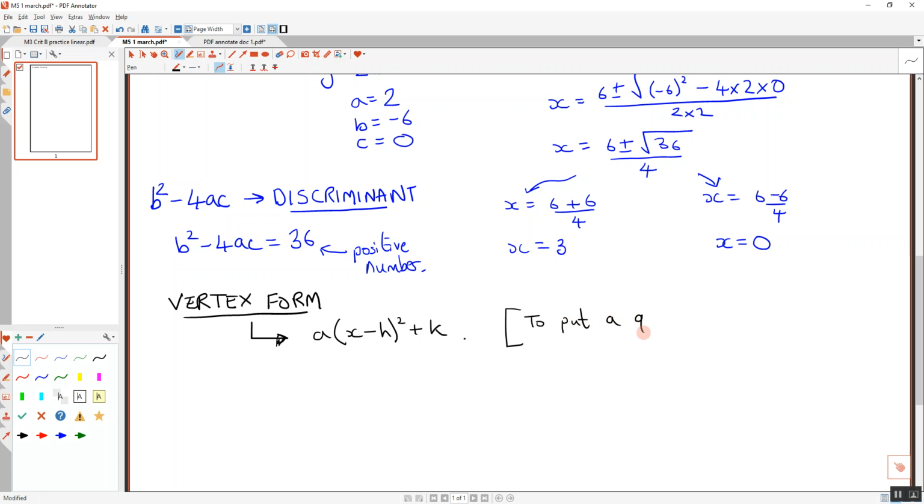you have to put a quadratic in this form. Can anybody remember the name of the method? Complete the square. Right, complete the square.